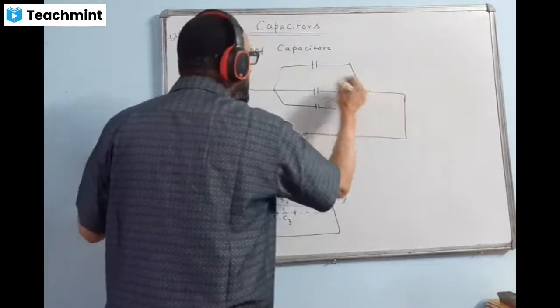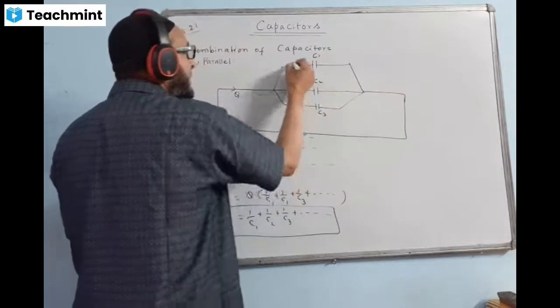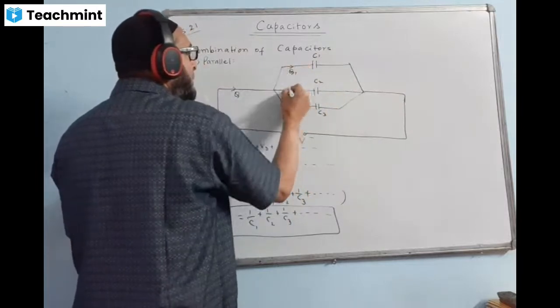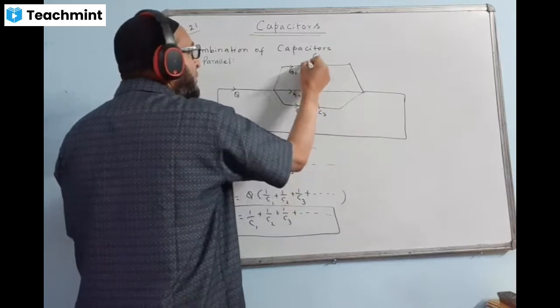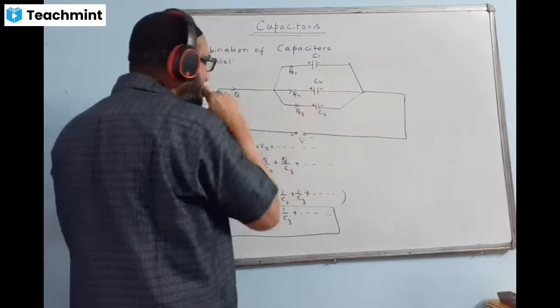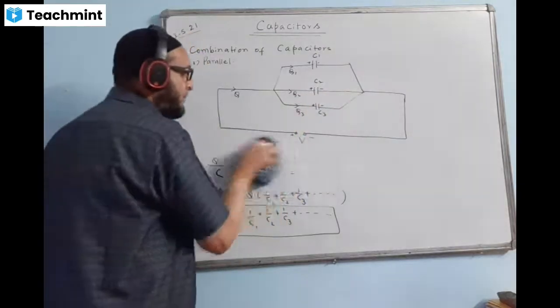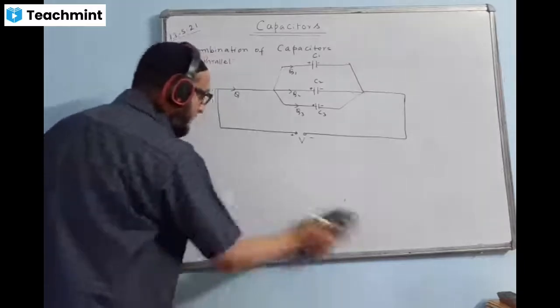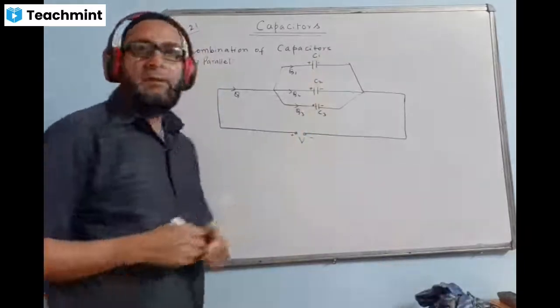This is C1, this is C2, this is C3. Charges here will be Q1, Q2, Q3. Here you can add plus, minus, plus, minus, plus, minus, like this. This is called parallel, one below the other, in the form of parallel lines.